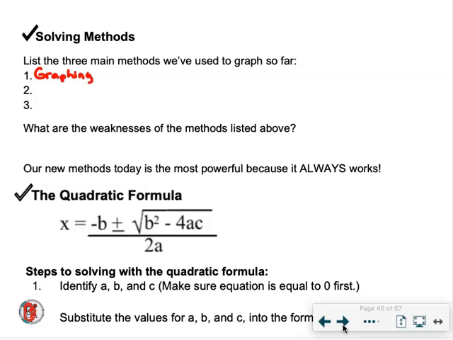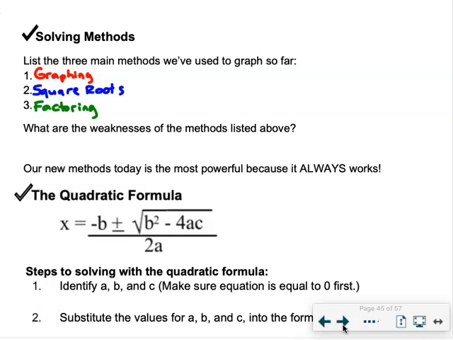Graphing was a way to solve the quadratic. We looked for the x-intercepts on the graph. Then I showed you how to use square roots. And then most recently we've looked at factoring. Those are our 3 types of solving that we have gone over and discussed.